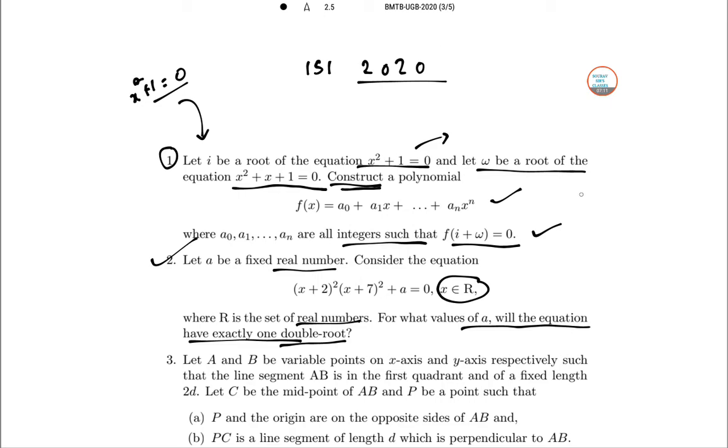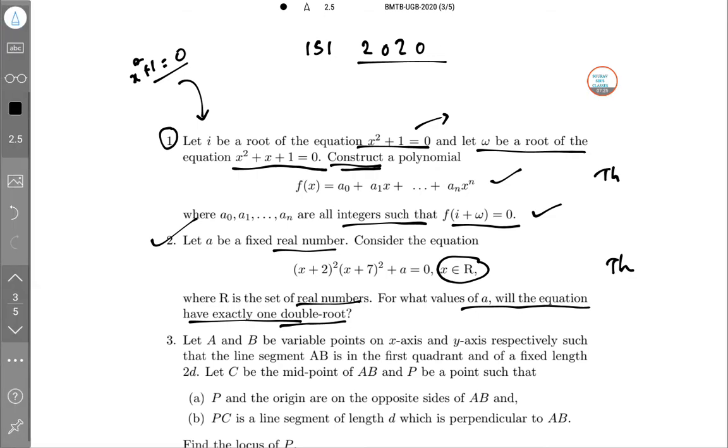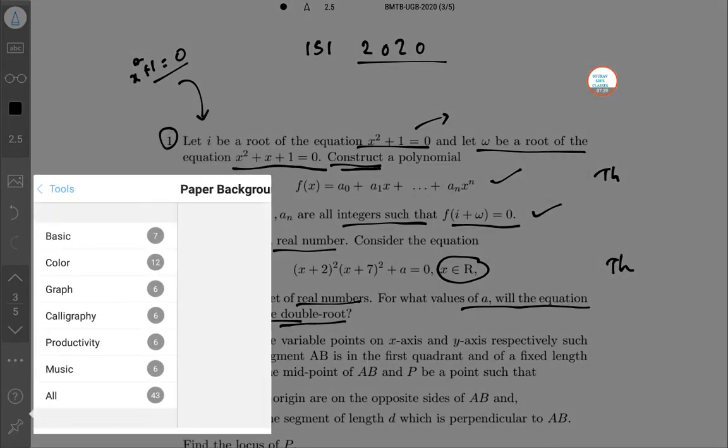Okay, so this is from theory of equations, quite rare. So for this we have to go for a little bit of diagrammatic representation. For this you can also check my classes on this.